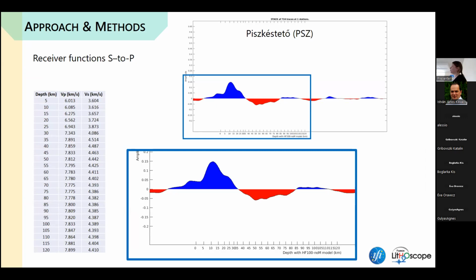Basically, during the migration, we convert the time scale to depth scale using these velocities. And then, as Daniel already mentioned, we use the negative phase to calculate the LAB depth.